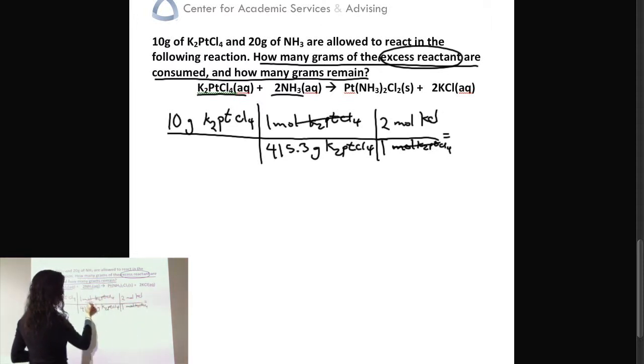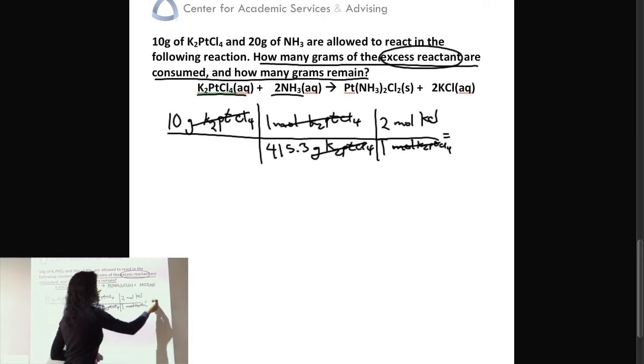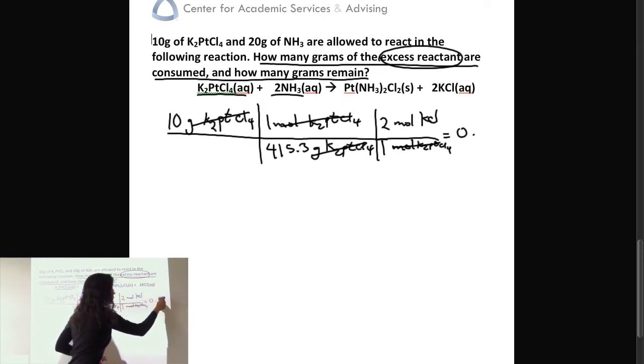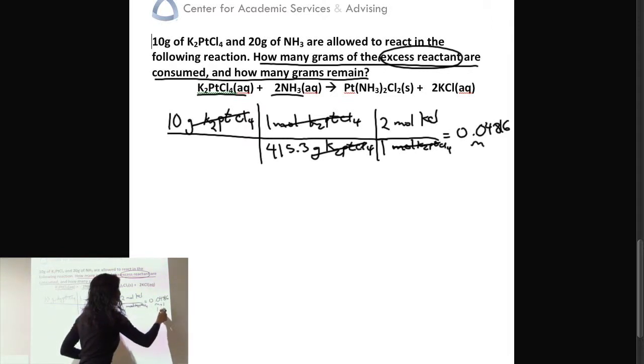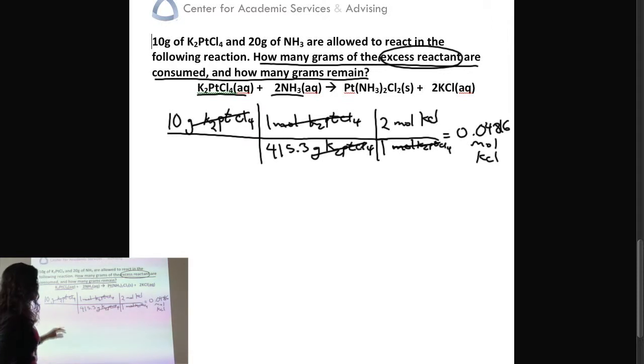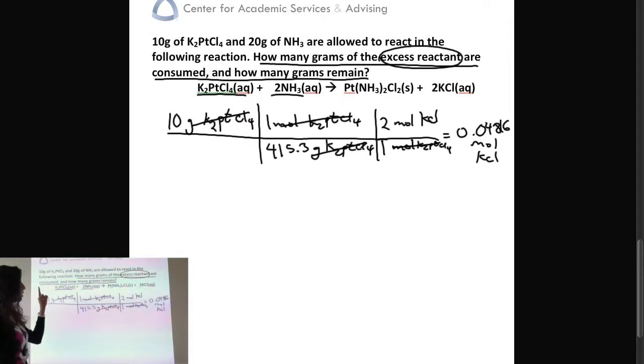So the units work out, and you will get 0.04816 moles of KCl. So that's how much of this product your first reactant will give you.